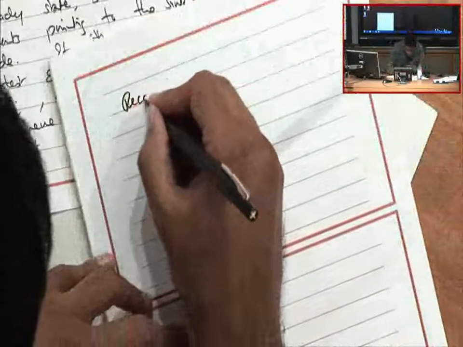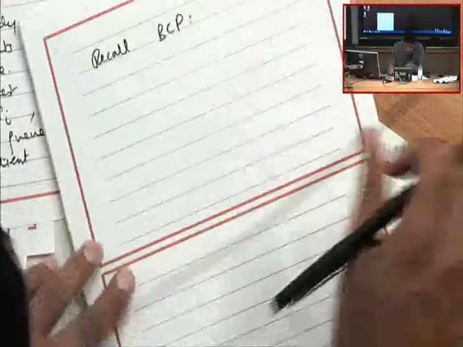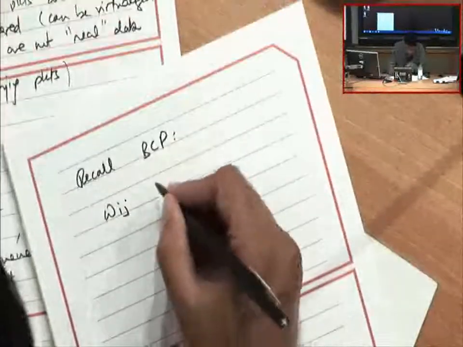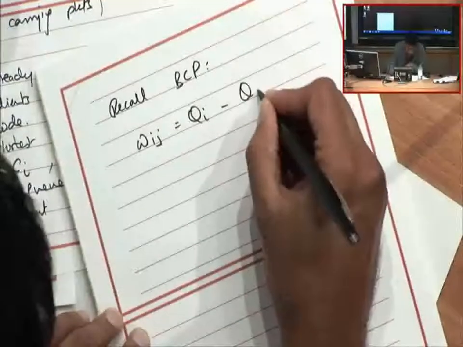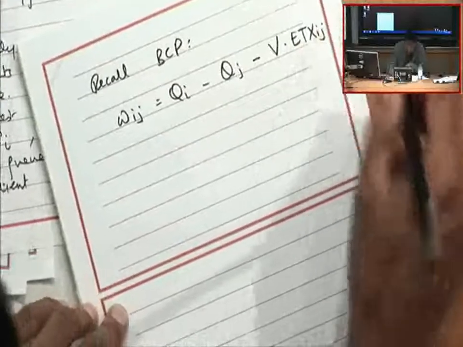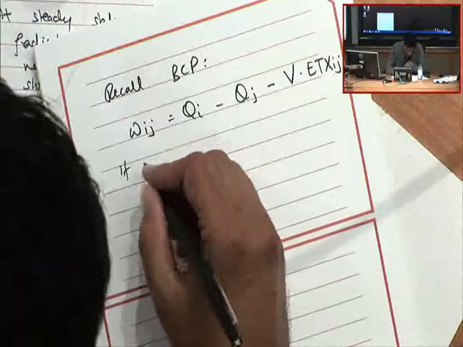So recall BCP works as follows. BCP says compute this gradient W_ij, which is Q_i minus Q_j minus V times ETX_ij. Okay.